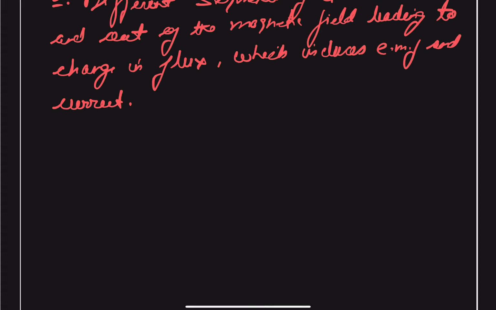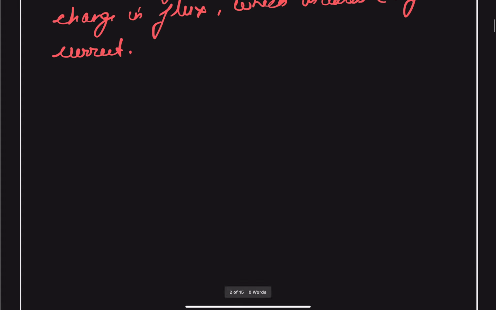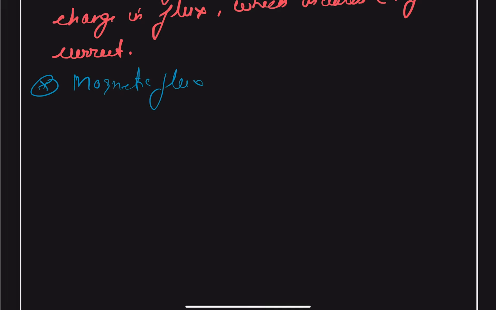So let us first of all find out the magnetic flux through the loop. In this case, we assume the radius vector is making an angle theta with the line AD.